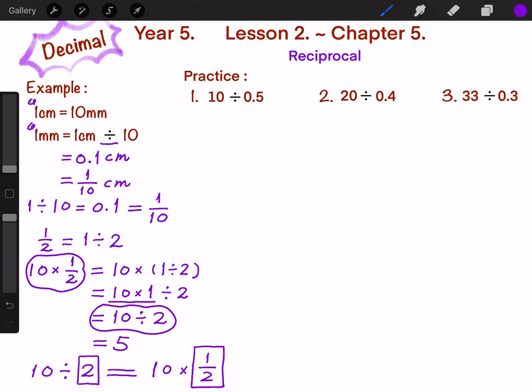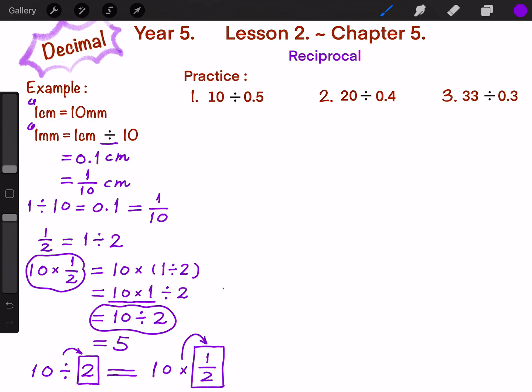Repeat, 1/2 is the reciprocal of number 2. Meanwhile, divided by a number equals times its reciprocal. Divided by a number equals times its reciprocal. Beautiful.